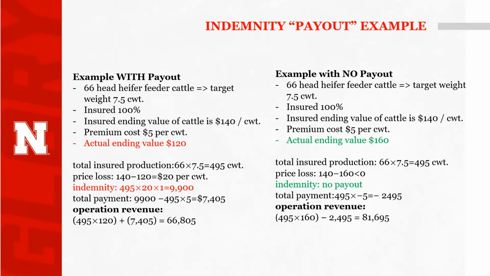That's definitely possible. It's not necessarily a bad thing. But what that ends up resulting in is we don't get a payout, and we actually have to pay about $2,500 in premium, and that just gets deducted from our total revenue that we received. But like I said, that's not a bad thing, because markets improved, and that's great.